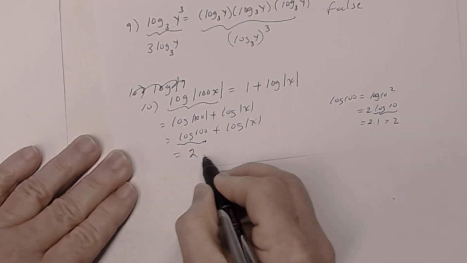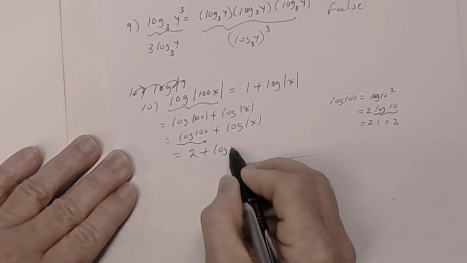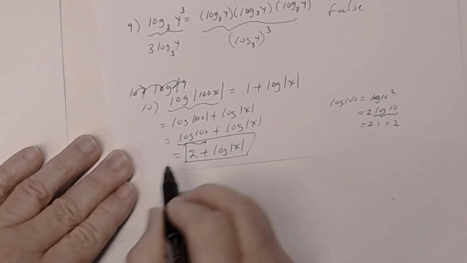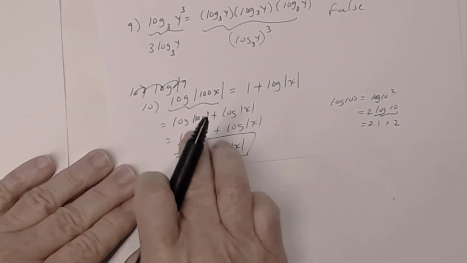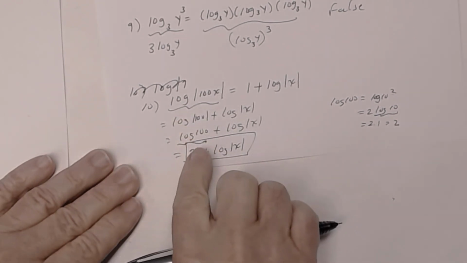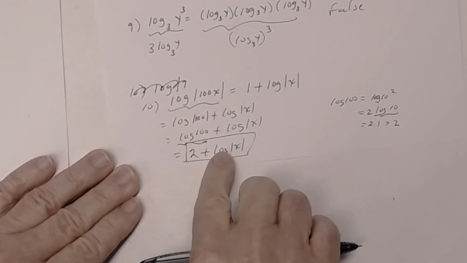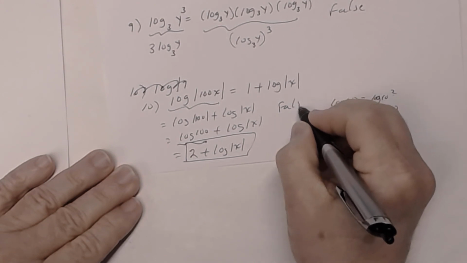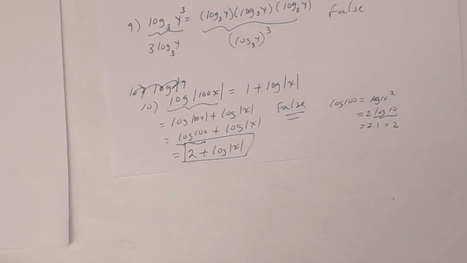So then this becomes 2 plus log of the absolute value of x. And that is your answer for this. So the question is, is this the same as that? And the answer is no. So that's false.